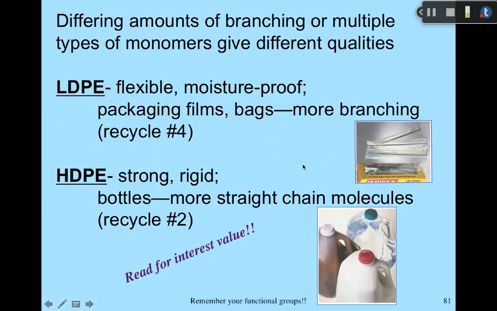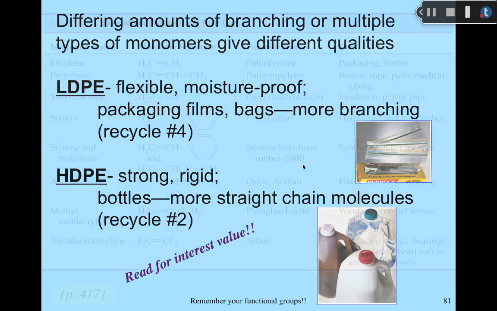All right, just interesting things to know. You can read in your textbook about the different kinds of recyclable plastics we are familiar with, but lots of things recycled these days can be described as LDPE, HDPE, which are recycle numbers 2 and 4. And they differ only in how much branching and how much cross-linking there is between them, how stiff or flexible they turn out to be.